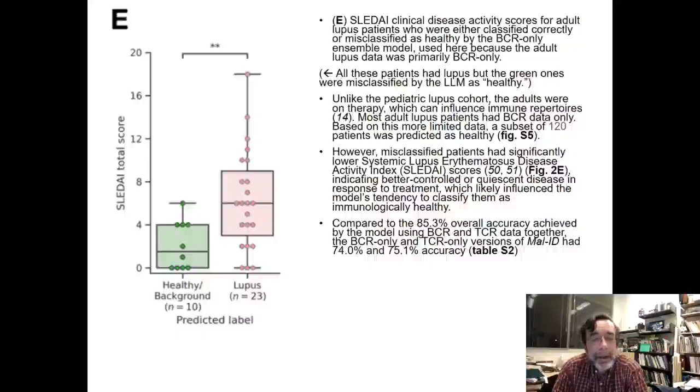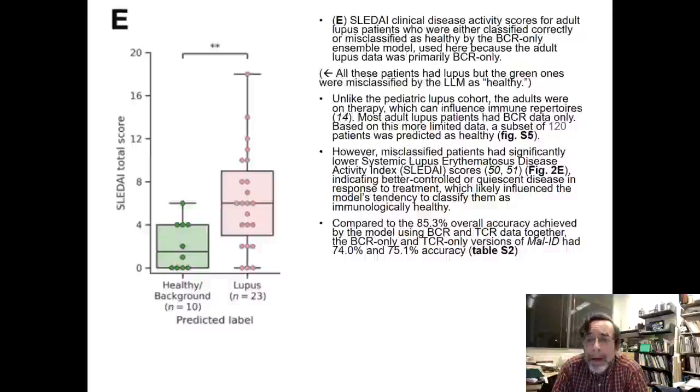Maybe what they should do is let the score be a little bit more clear. But also the adult data for lupus, maybe the adult scores are low. Maybe you could draw a line that would include more of the green ones. But maybe also the lupus responders just don't leave as much of an imprint on their TCR, BCR data.